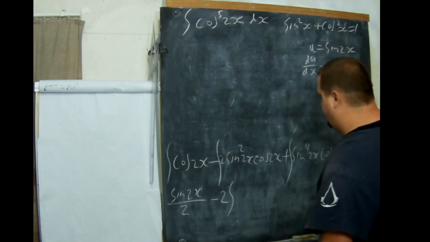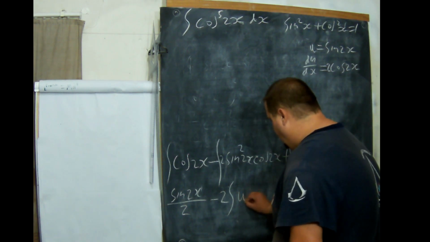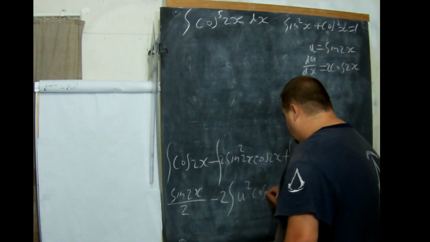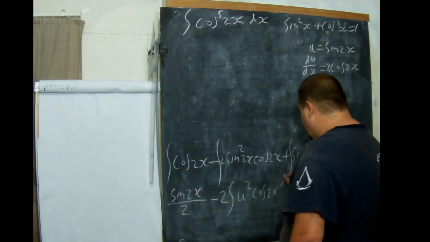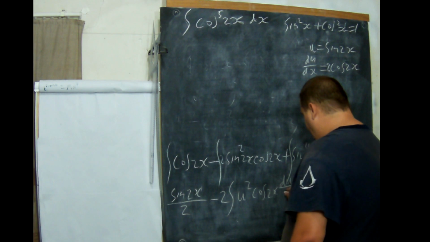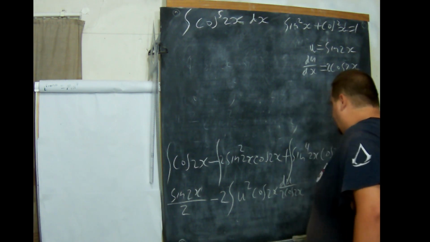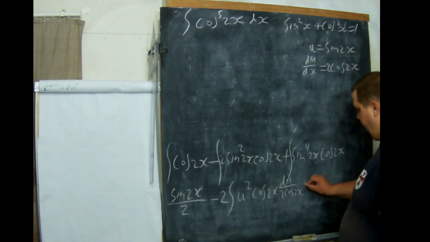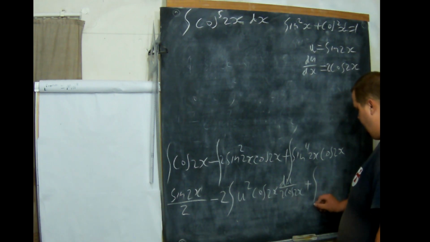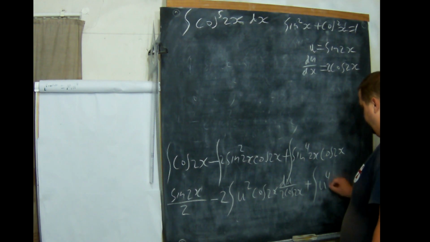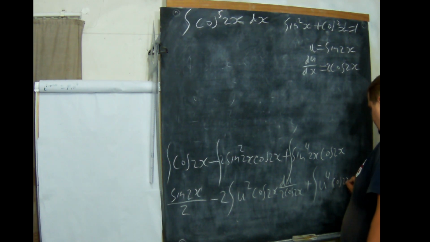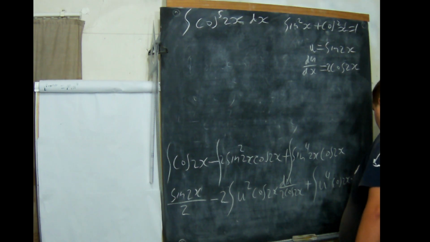Right, so this is u squared cos 2x du over 2 cos 2x, plus the integral of u to the fourth cos 2x multiplied by du over 2 cos 2x.